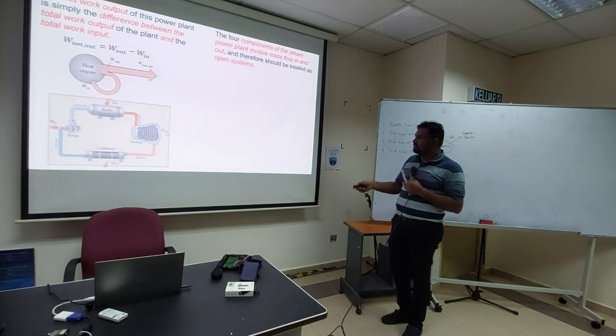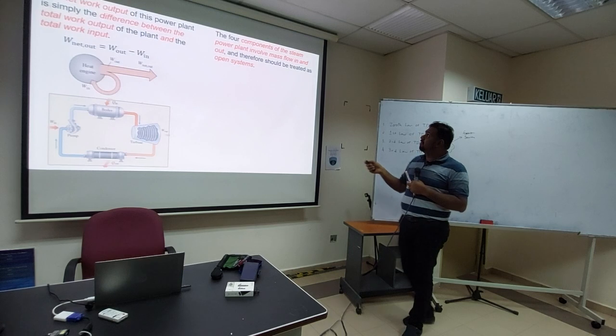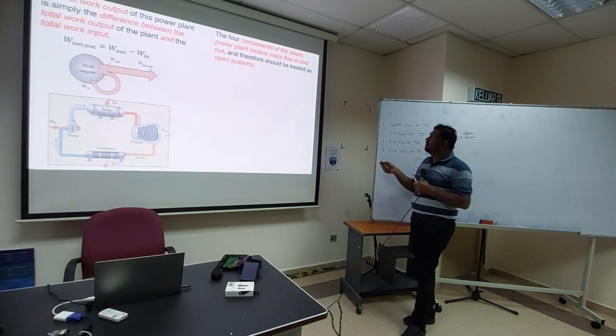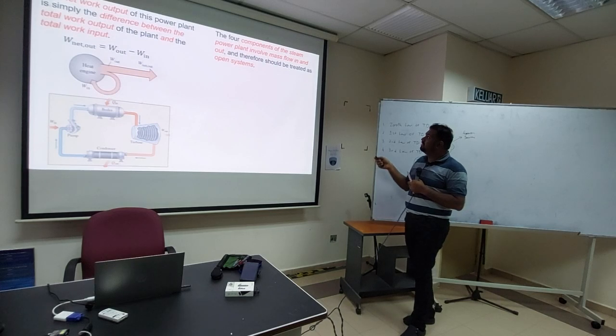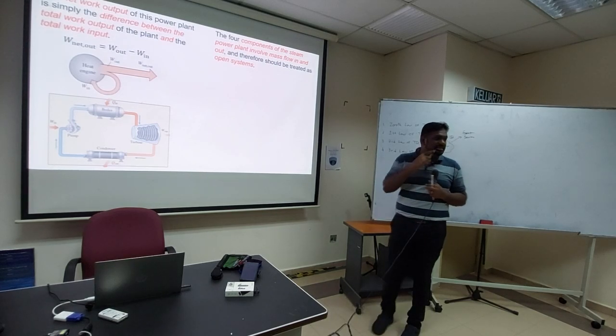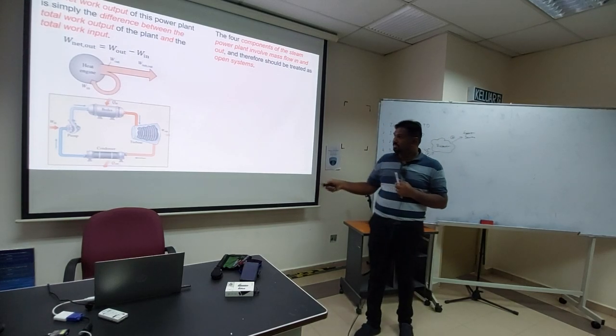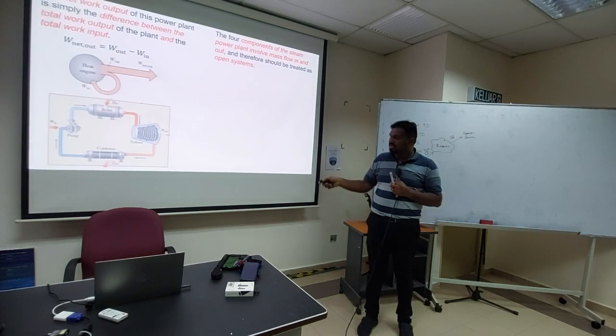Same concept. The four components of the steam power plant involve mass flow in and out, and therefore should be treated as an open system. That's the speciality of the system, because you have mass going. You have four systems here: boiler system, turbine system, condenser, and pump. From system 1, mass is entering system 2.